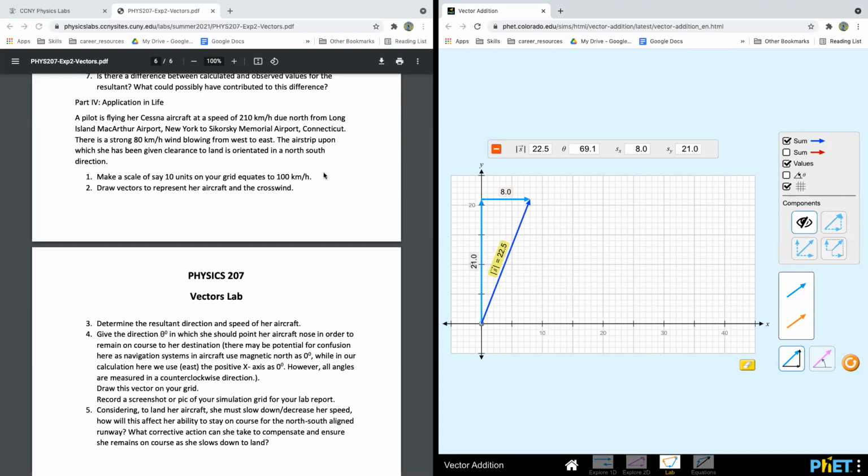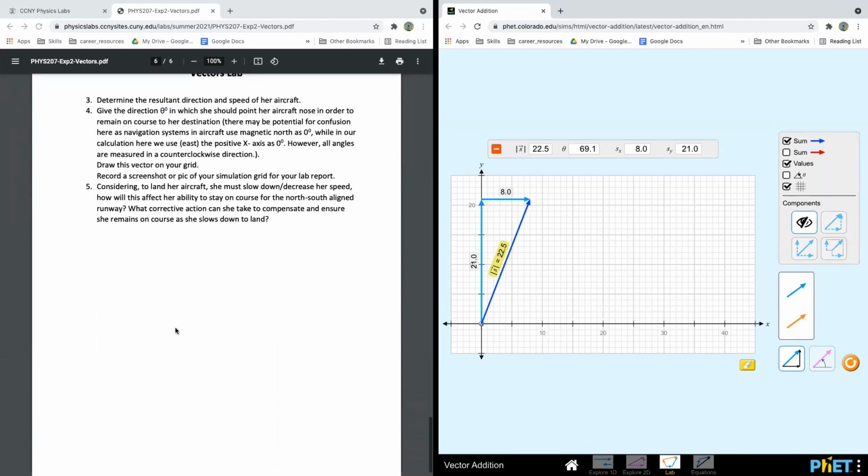Make sure a scale of 10 units on your grid to 100 kilometers, which we already did. And draw vectors to represent her aircraft and crosswind. Determine the resultant direction and speed of the aircraft. So when we try to determine the direction and the speed, we can use this one to show. The sum will show the angles too, right?